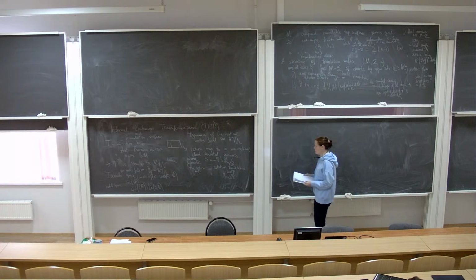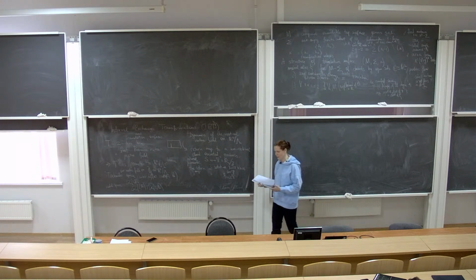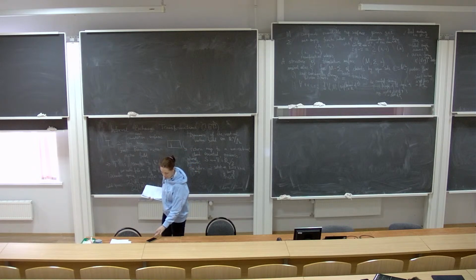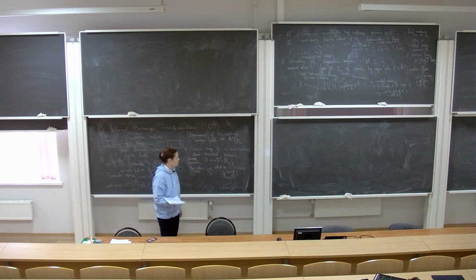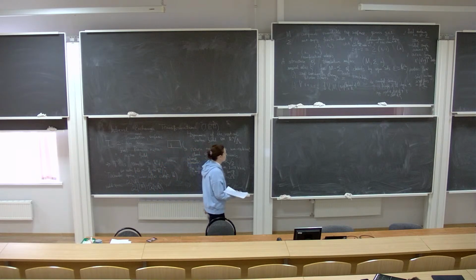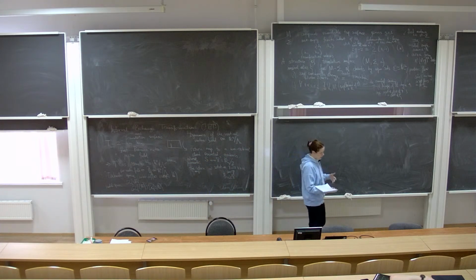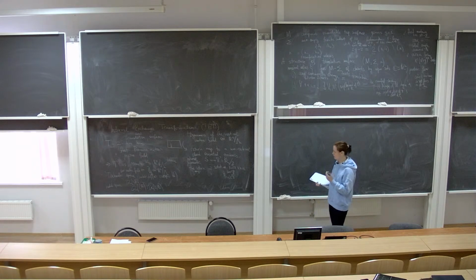So now I want you to understand the following important thing, that these surfaces, maybe it appeared to you as something very unnatural because we introduced it in a way that we put on a surface many additional structures. However, it's not true.